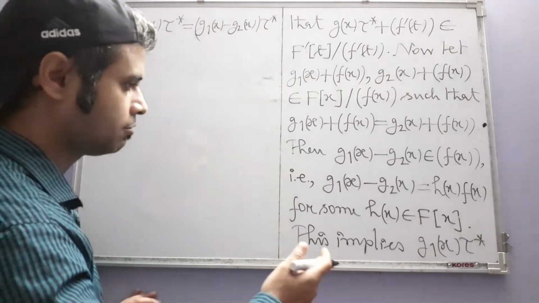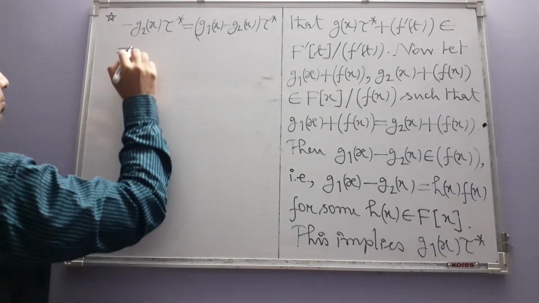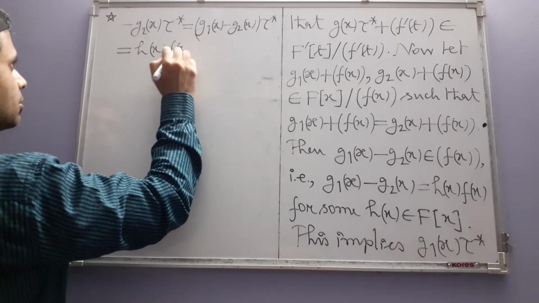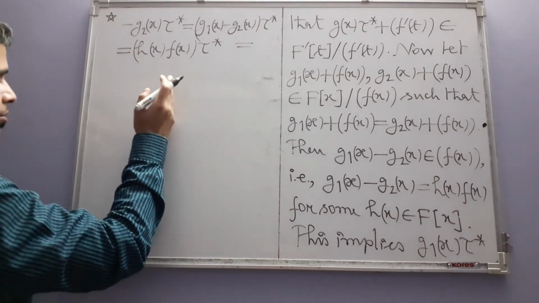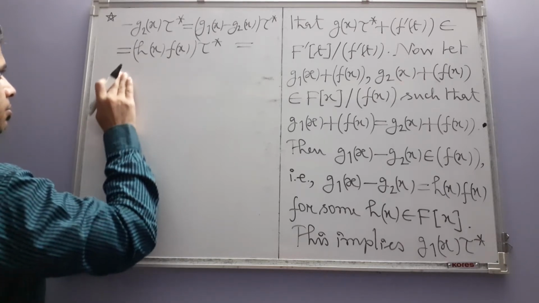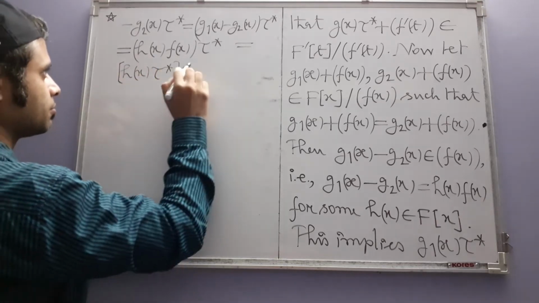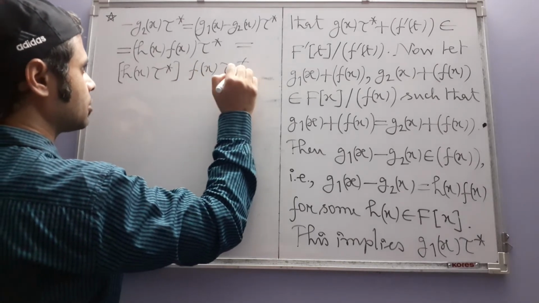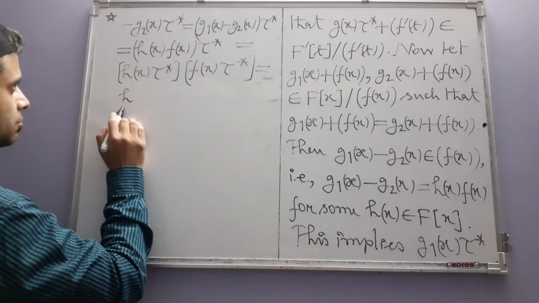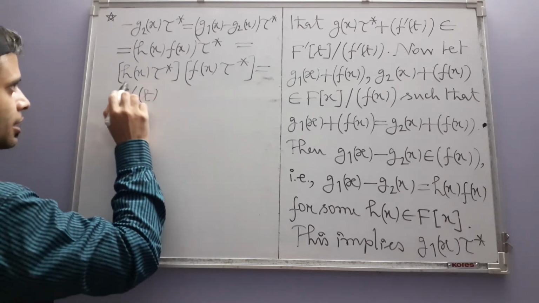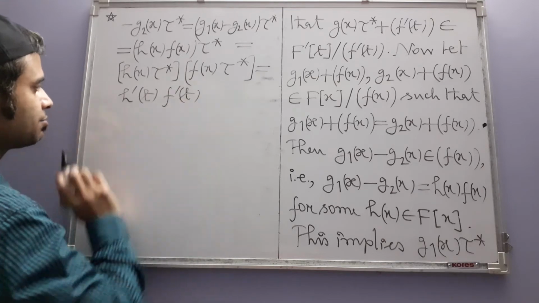Because tau star is a field isomorphism, so it will respect subtraction, which is equal to (h(x) f(x)) tau star, and also tau star being a field isomorphism will respect multiplication, so this is equal to h(x) tau star times f(x) tau star, which in turn is equal to, we can, if we want, write h prime(t) here, because this is just a name given to this, times f prime(t).